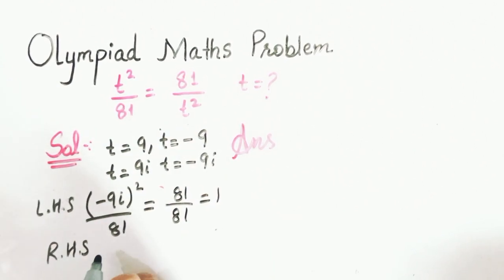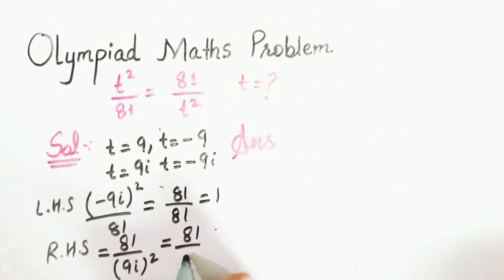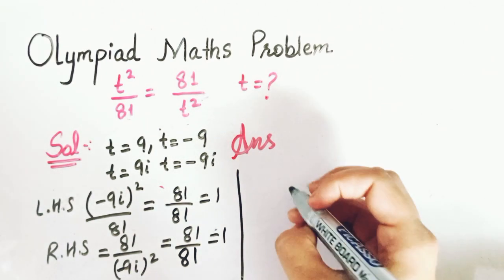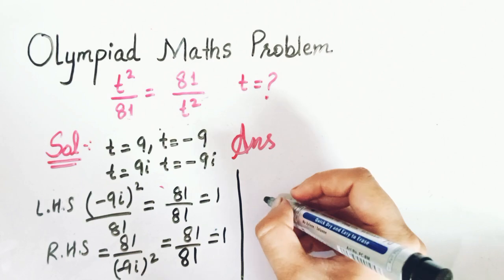In the right hand side we have 81 by 9 iota square, again this is 81 by, and iota square is minus 1, so minus minus will become plus, and we have right hand side again equals 1. So that means left hand side and the right hand side both are equal.